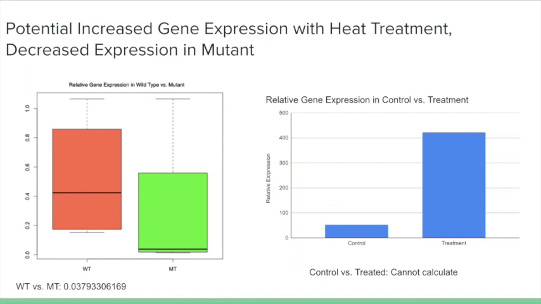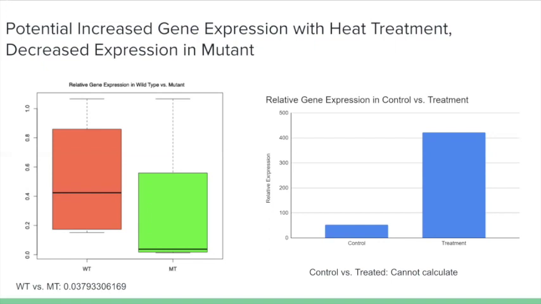And so in this first box and whisker plot, we compared the relative expression in our wild type plants and our mutant plants, and these were both untreated. And we can see that the wild type plants showed a slightly higher level of expression, and the difference between the level of expression in the wild type and the mutant plants can be considered statistically significant based on this p-value down here, which resulted from a t-test.